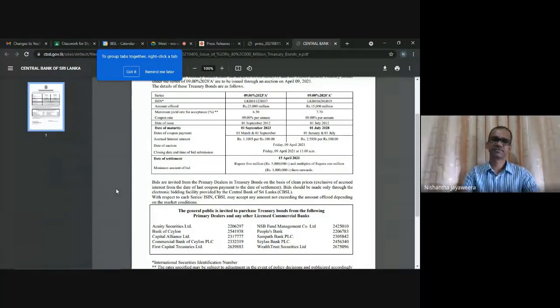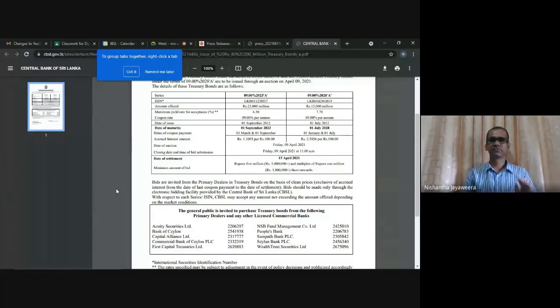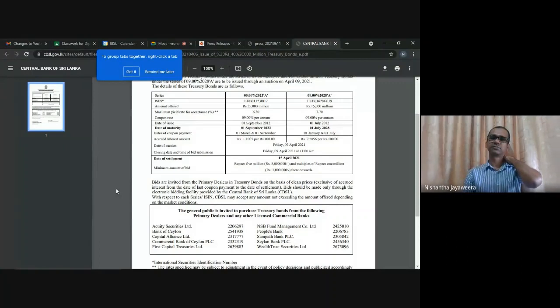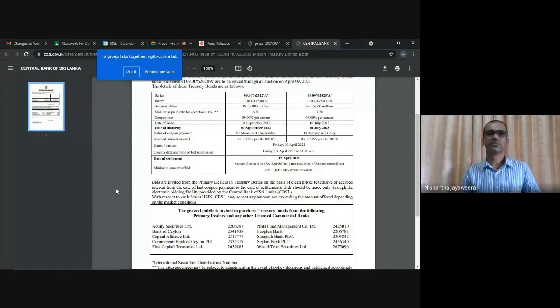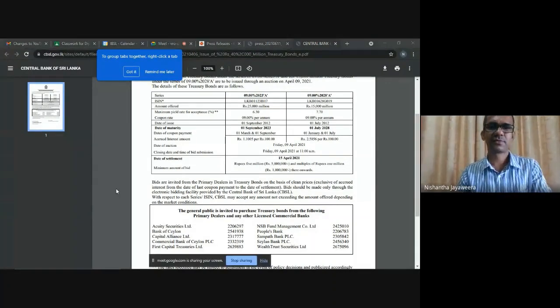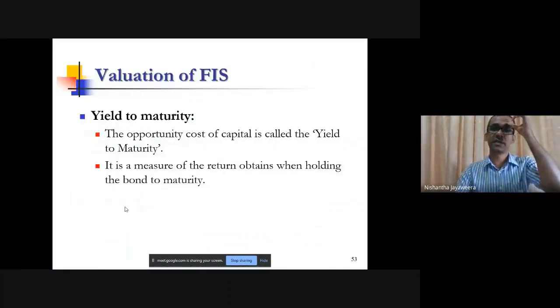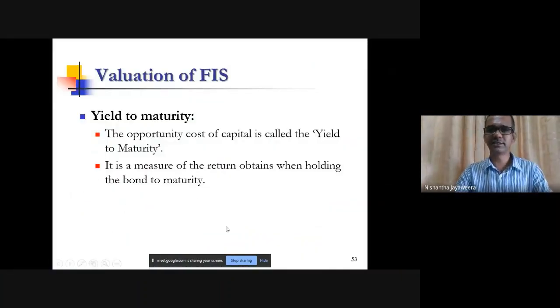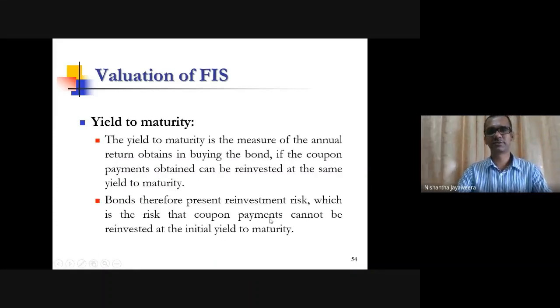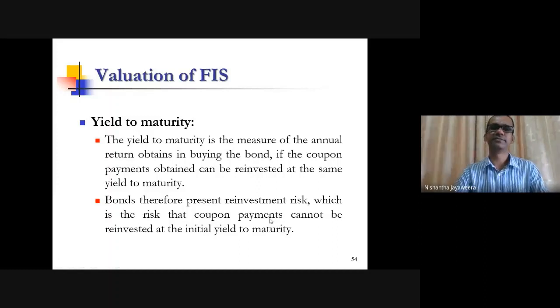Anything else? If not, let me quickly finish this. I mentioned the yield is the return that you are going to get if you hold it until maturity, but it's not guaranteed.